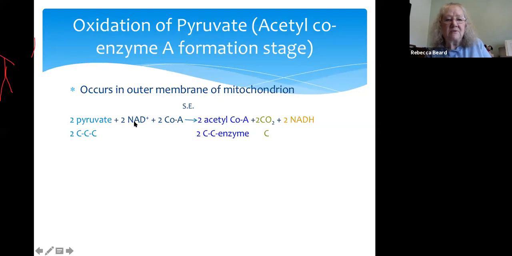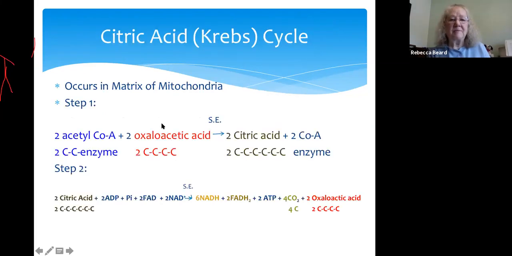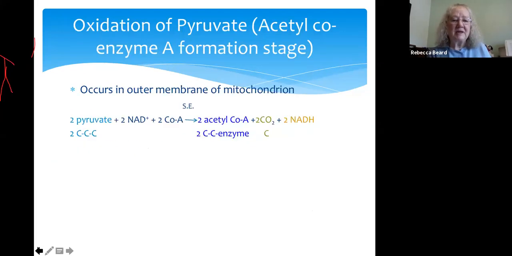And of course, remember, they love hydrogen. The first thing that's going to happen, as they're being shepherded along by these coenzyme A molecules, is that a couple of their hydrogens are going to be broken off and join to the NAD molecule and become NADH.